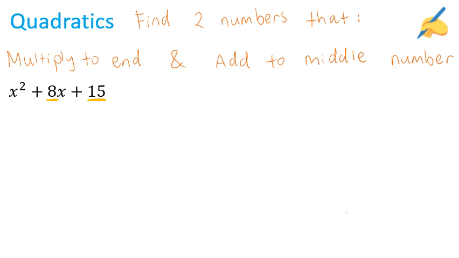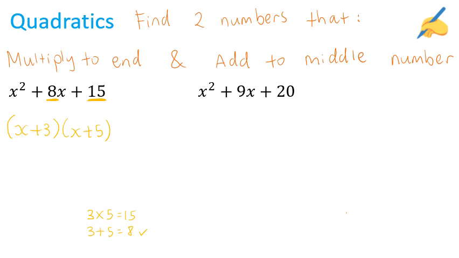So if I think of the numbers that multiply to give 15, I've got 3 times 5. And if I add them, 3 plus 5, yep, that equals 8. They're my two numbers. So I put them in the brackets after the x's. So x plus 3, x plus 5.